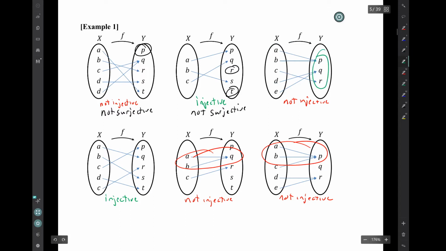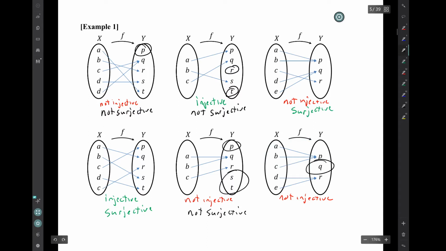Every one of those elements of the codomain is an output, so this is surjective. Look at this diagram. Every one of those elements in the codomain can be achieved as an output. Now look at this diagram. I have three elements of the codomain that are not outputs. And in this diagram, the final diagram, I have an element of the codomain that's not an output.